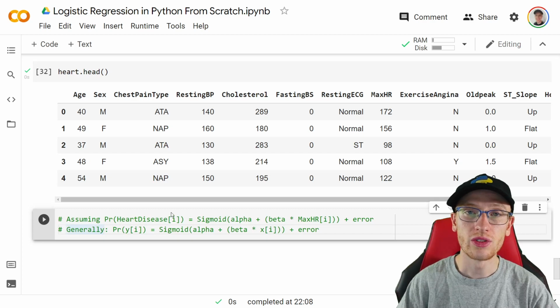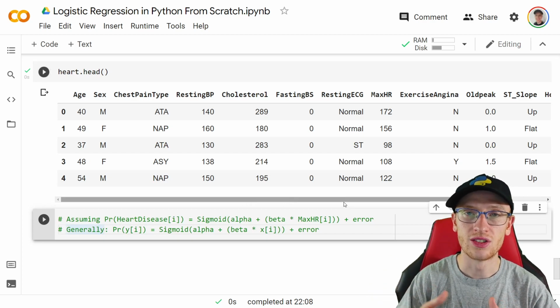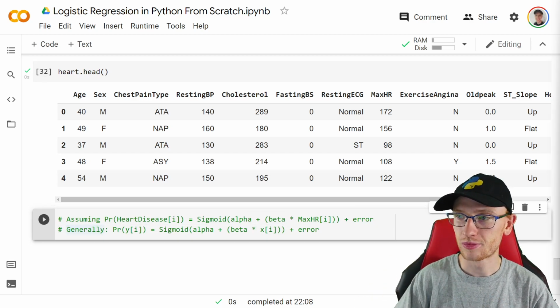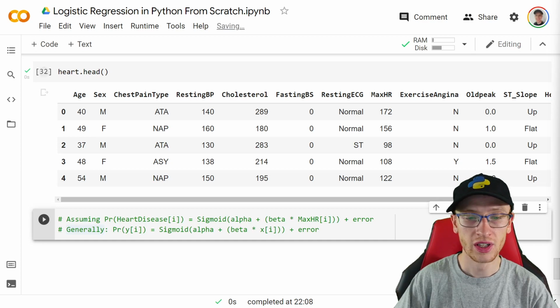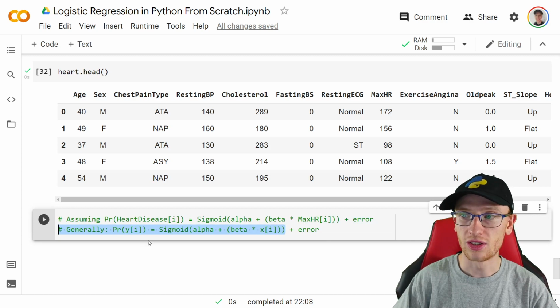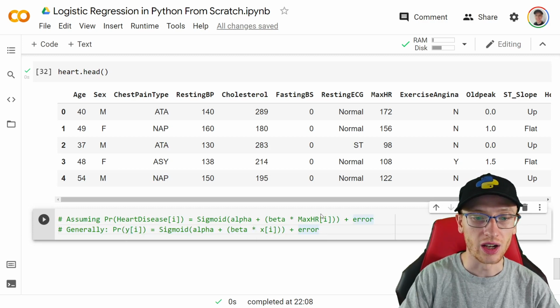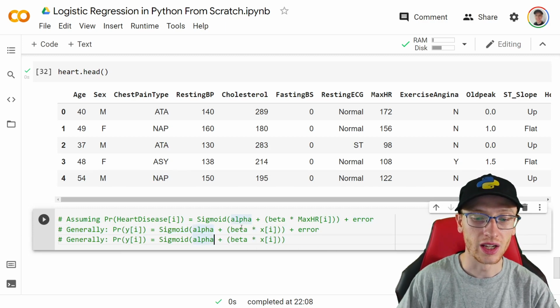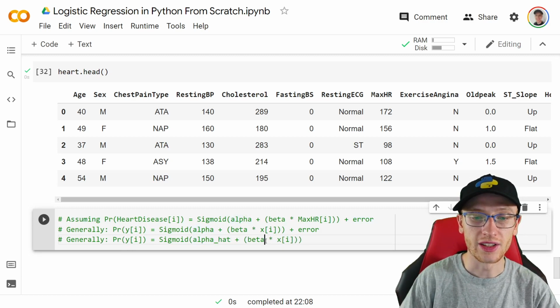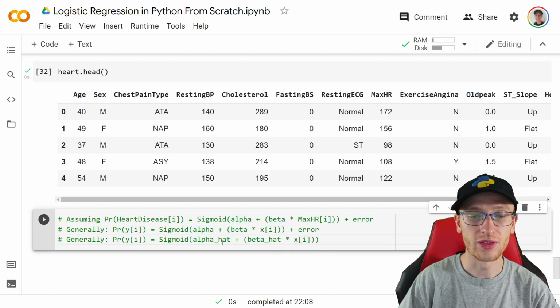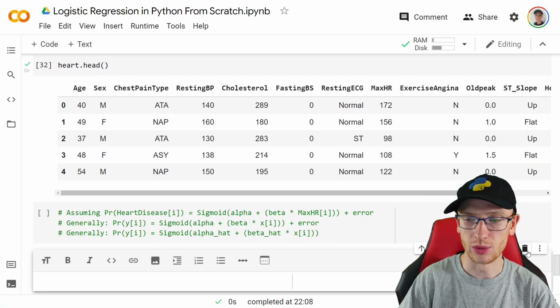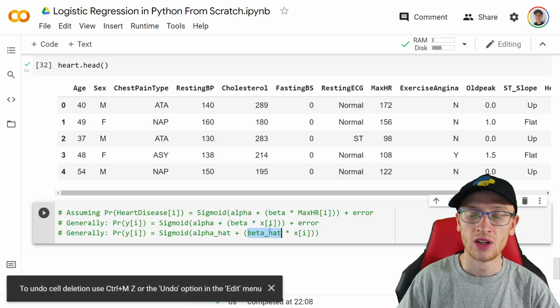I wrote this more generally because we want to abstract this into a more general idea. And so our model itself is the exact same thing, except only this piece, and we're going to replace the alpha and beta with hats. The reason for that is really just that they mean estimates. We're just trying to estimate alpha hat and beta hat, trying to find the best ones that fit the given problem.